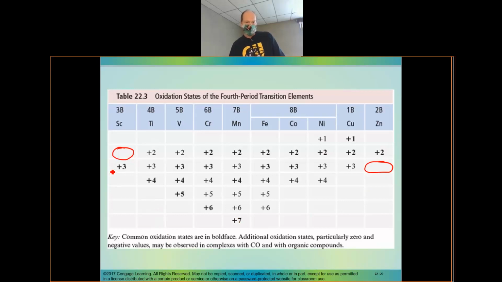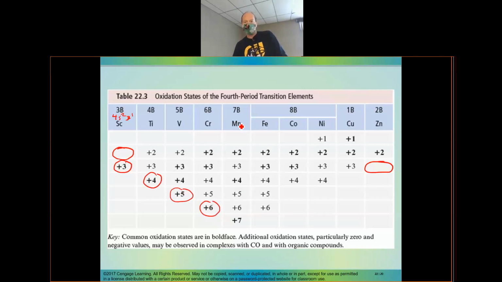Also note that when you do your electron configuration here, you have a 4s2 3d1, so the maximum oxidation that you can get is a +3. You lose all 3 of your valence electrons. Titanium would be a +4 if it lost them all. Vanadium would be a +5. Chromium would be a +6.